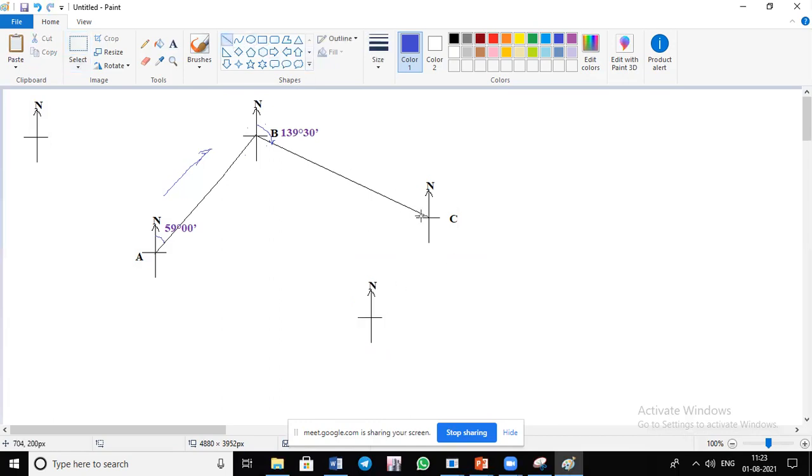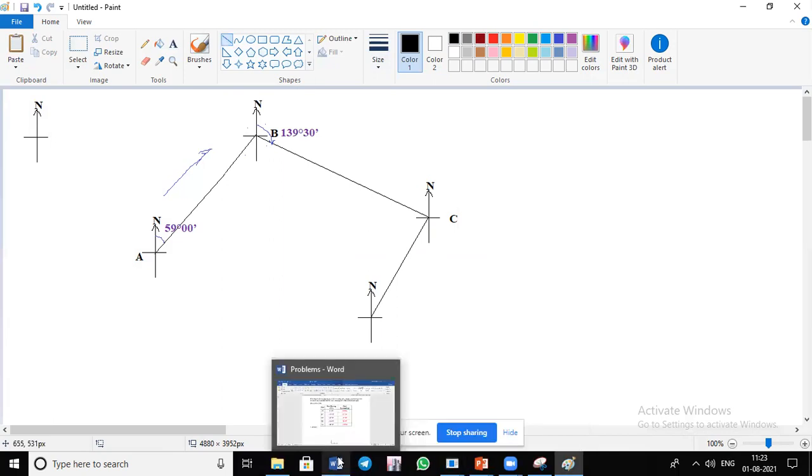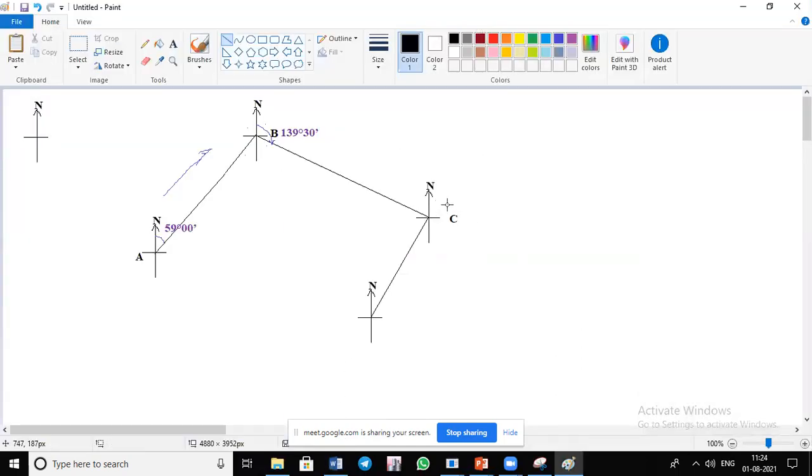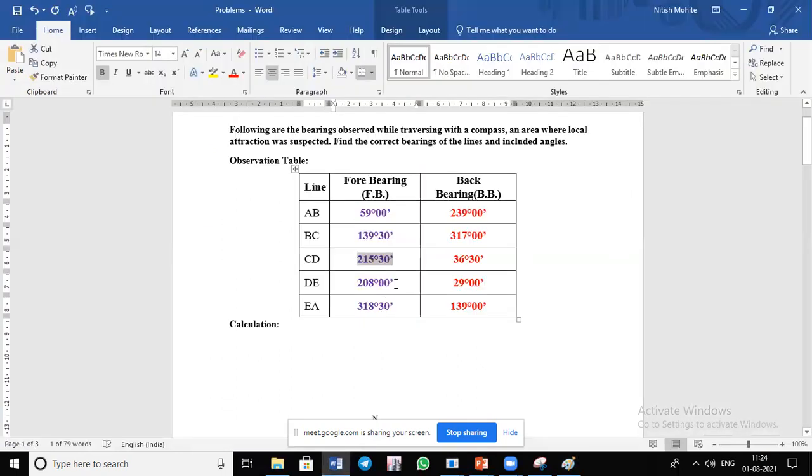Likewise, I am going to join this line and write down the angle, that is 215 degree. This angle is with respect to north. Whatever angle we measure in the case of the prismatic compass is with respect to north.